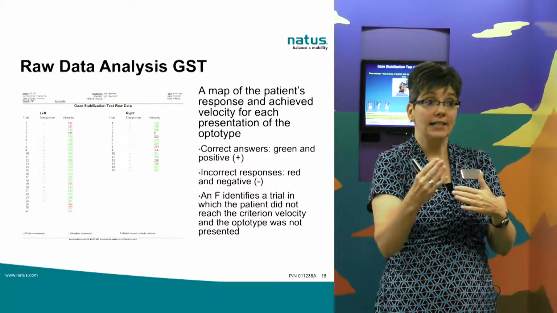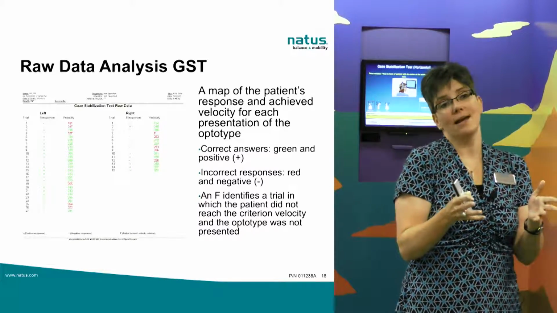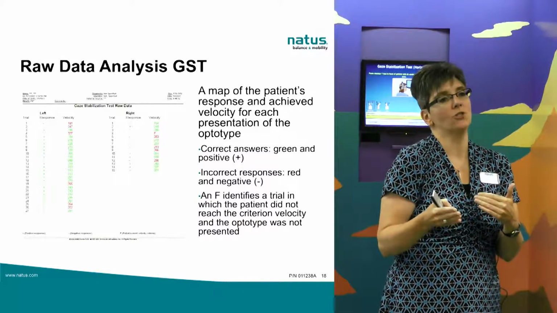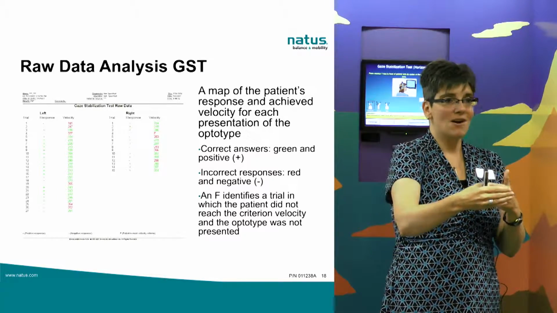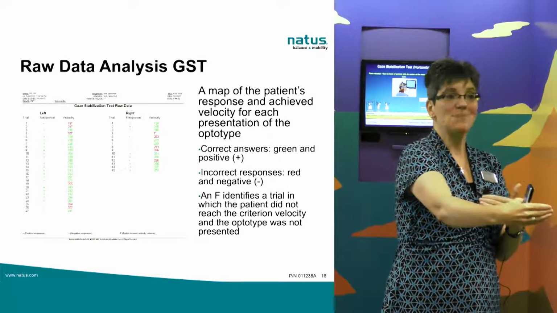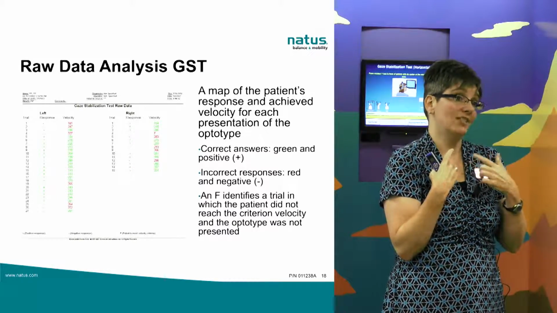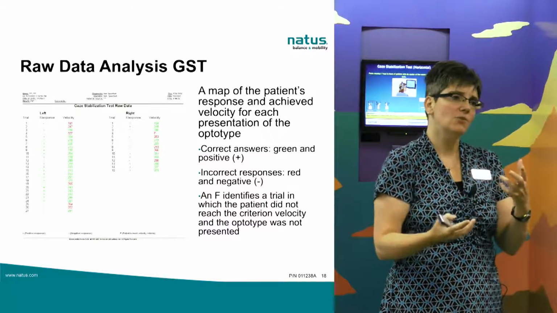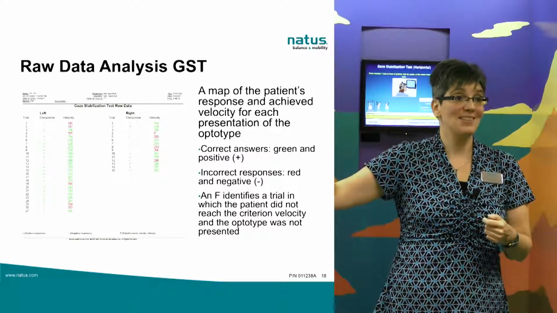If your patient isn't reaching the threshold velocity, the test may actually end a little bit prematurely because you're not at that point testing the VOR, because you're not able to push them to their maximum speed. So it could be a cervical limitation that you're looking at instead. So you have to look at your results through the lens of the raw data.